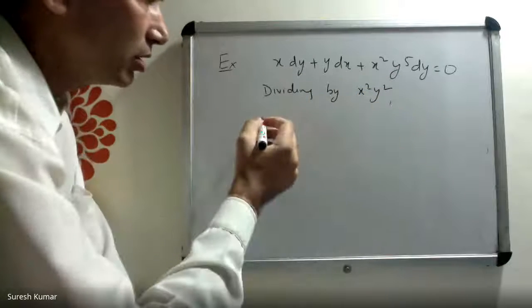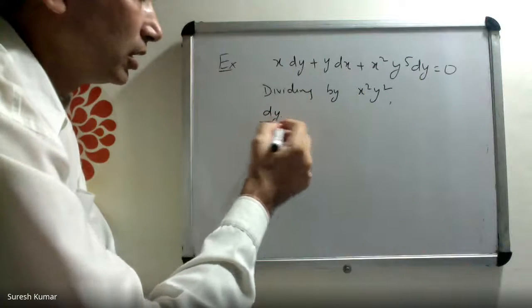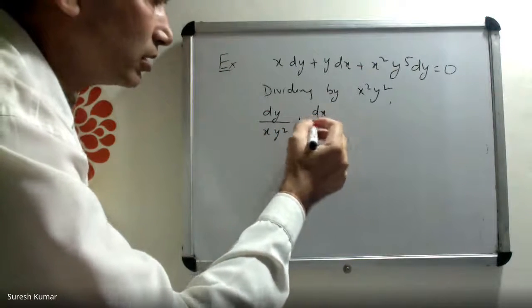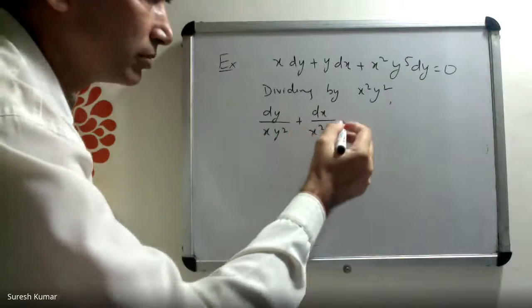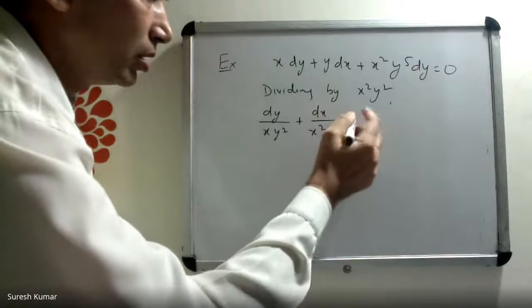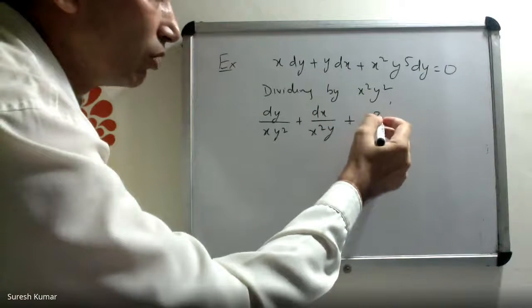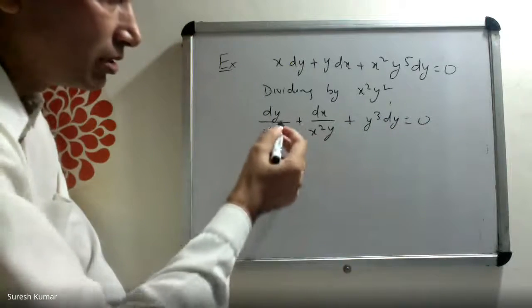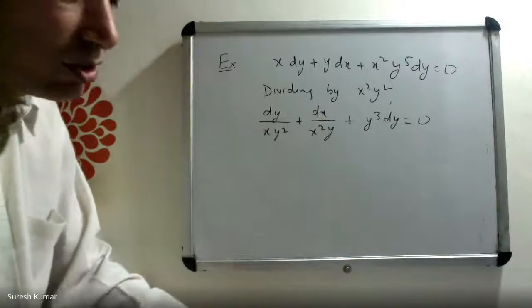What do you get? dy over xy square plus dx over x square y plus y cube dy. Now you can understand these two terms are differential of what?